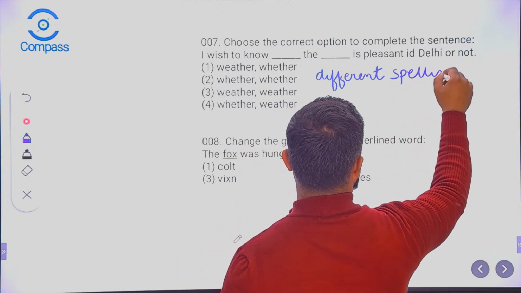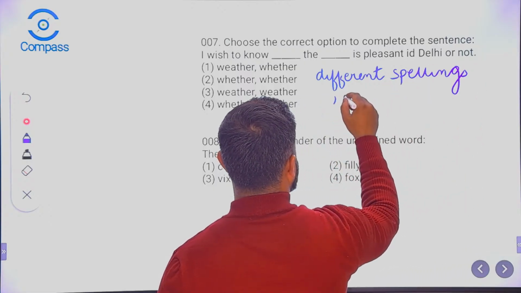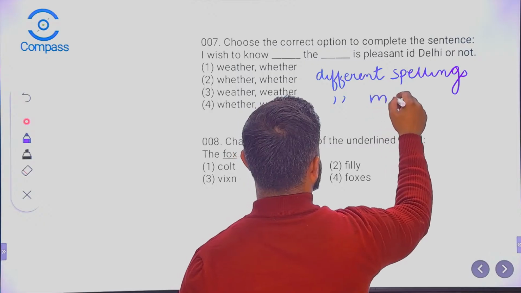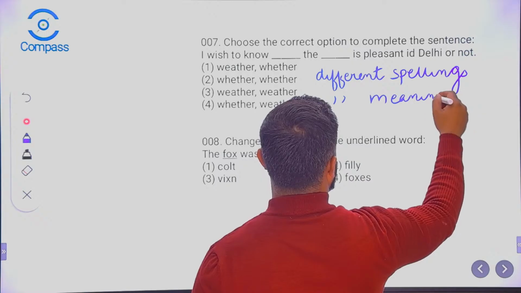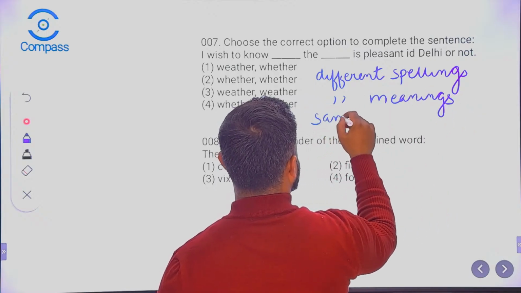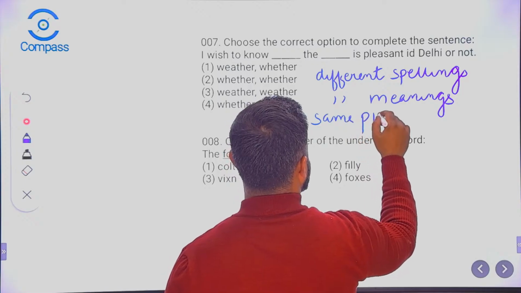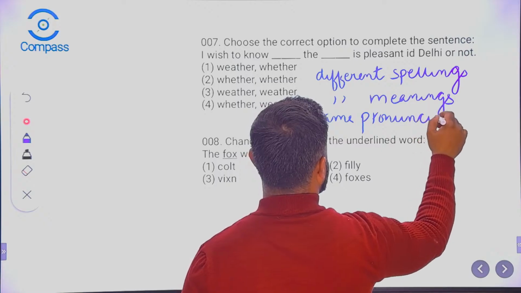Different spellings, different meanings, same pronunciation.